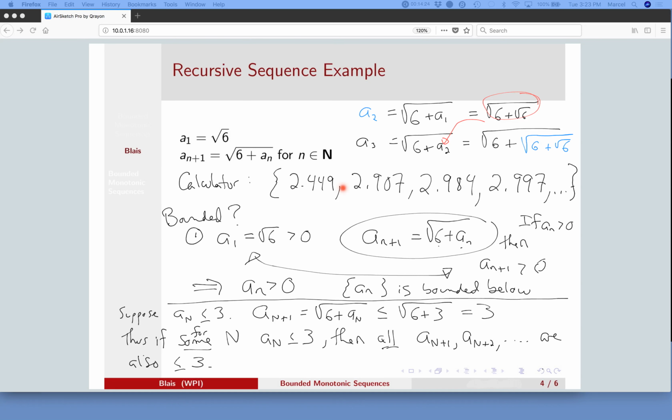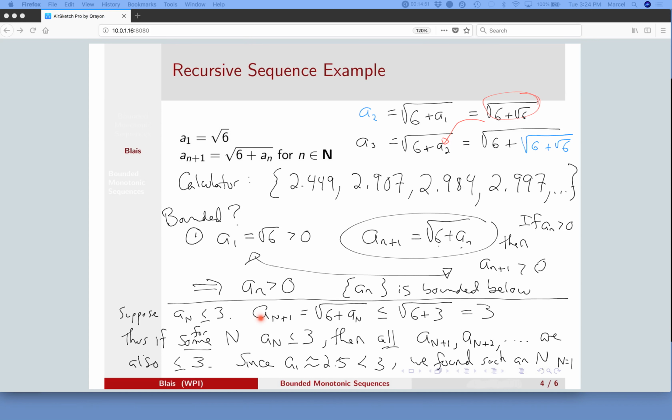But look here, the first term is less than or equal to 3. So since a1 is approximately 2.5, which is less than 3, we found such an n. Specifically, n equals 1 did the trick.